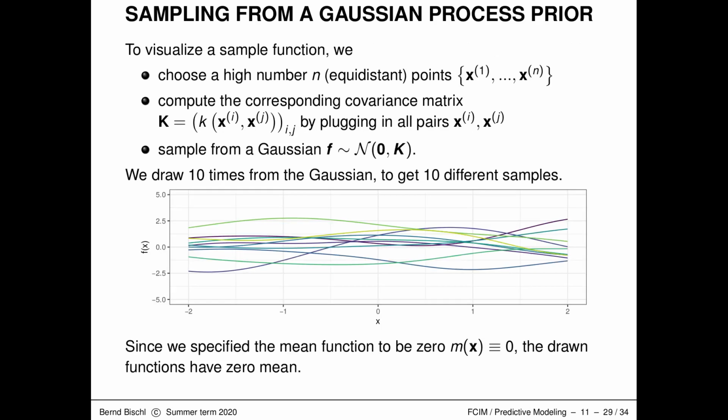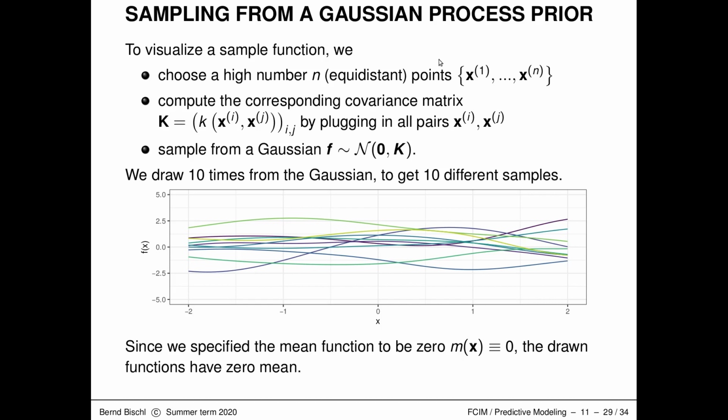So how can we now put this principle to work? If we want to sample from a Gaussian process prior, we can choose, for visualization purposes, a super high number of, for example, equidistant points x1 to xn. Because we want to visualize this on a computer, if we want to plot this, it's going to be a finite number of points anyway that we visualize the function on.